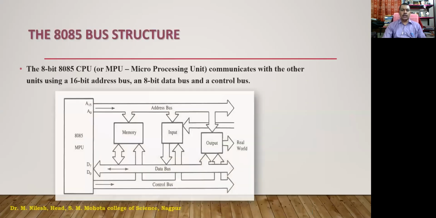Now today we are going to learn how the bus structure works in the 8085. We have learned the internal block diagram of the 8085. In it, we studied that it contains some registers and register pairs, then the program counter, the stack pointer, the increment/decrement address latch, the arithmetic and logical unit, the accumulator register, the temporary register, the interrupt controller on the top, and the timing and control unit at the bottom.